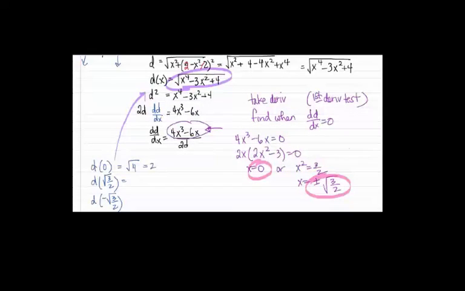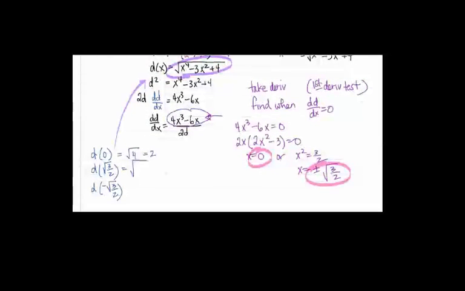When I plug in radical 3 over 2, I get 3 over 2 squared, so 9 over 4, minus 3 times 3 over 2 plus 4. And the bottom one, I get the same thing, actually: 9 over 4 minus 9 over 2 plus 4, 7/4 underneath the radical.